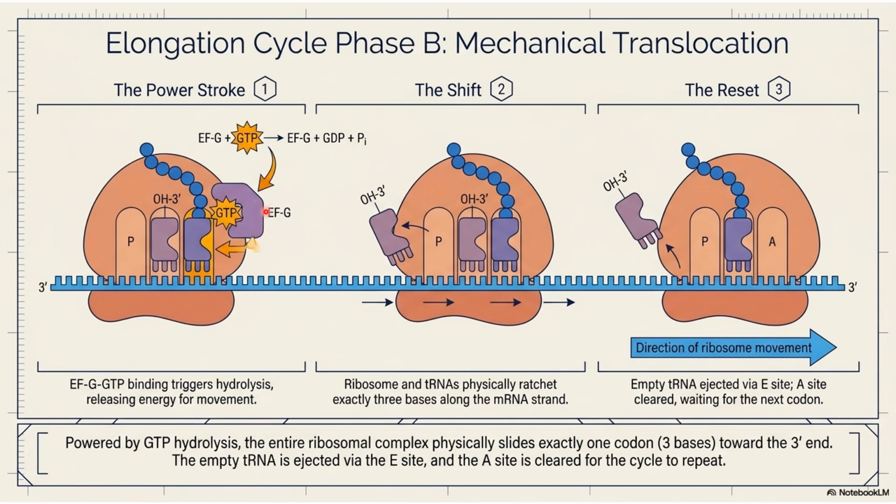So how is that energy provided? It will be done by some factors, elongation factors, along with GTP. It provides energy for this movement. So when this movement is taking place, this ribosome physically moves with the help of this energy through this mRNA, like a zip rider moving on a zip.